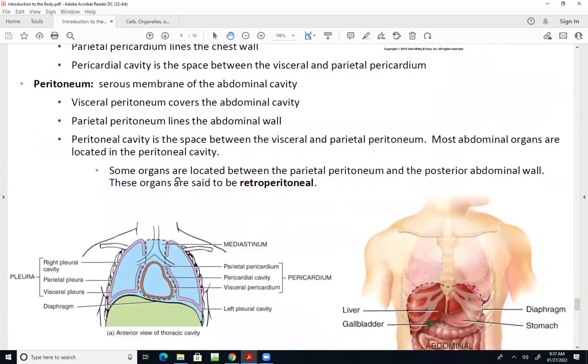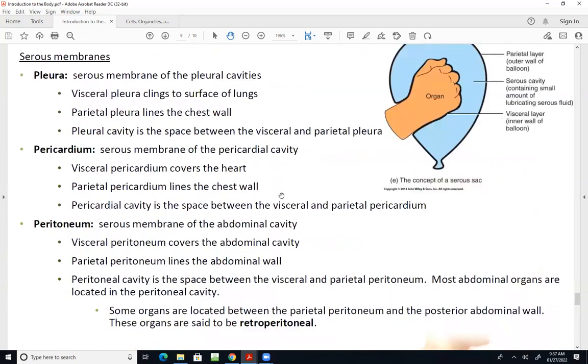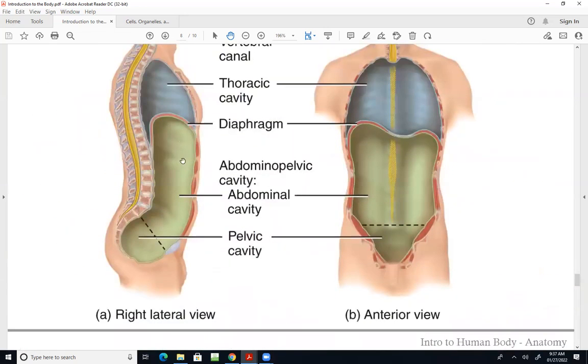And then in your abdomen, which, by the way, I encourage you guys to avoid calling this general area your stomach. In this class, your stomach refers to an organ that's in that area.